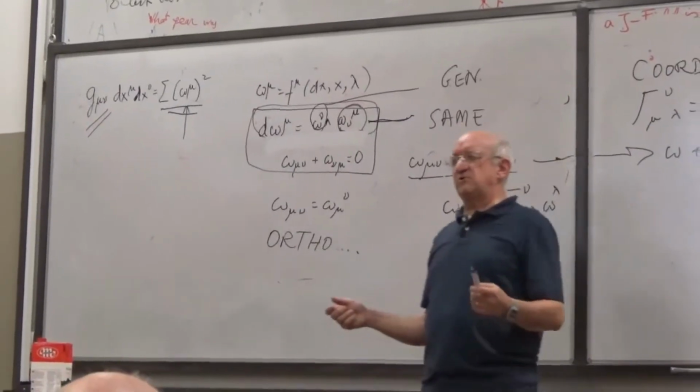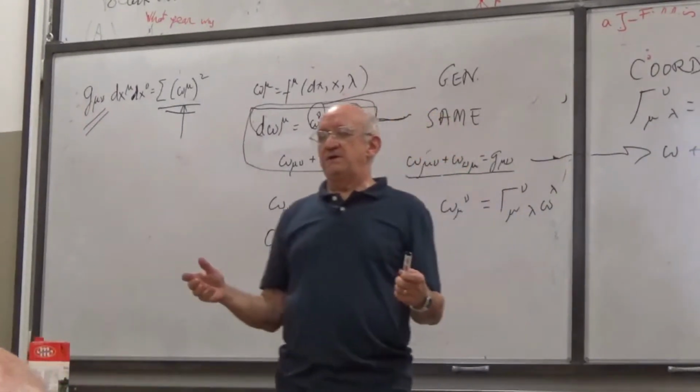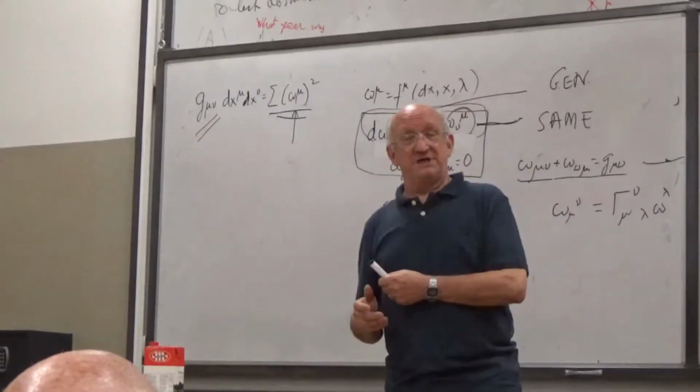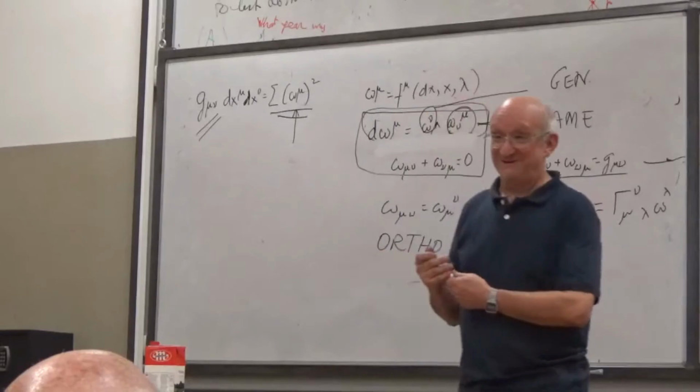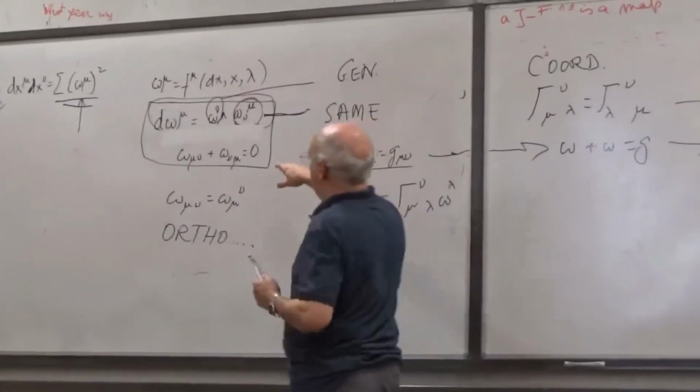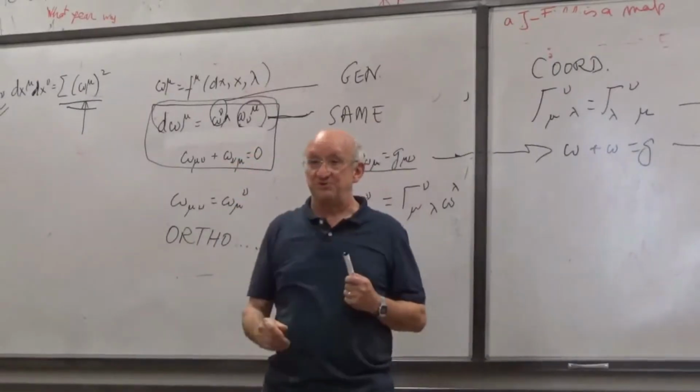Don't believe that just because your system is orthogonal or coordinates that things are going to be simple. They are not. You get unexpected results. Okay, so let me now do an example of this by inspection.